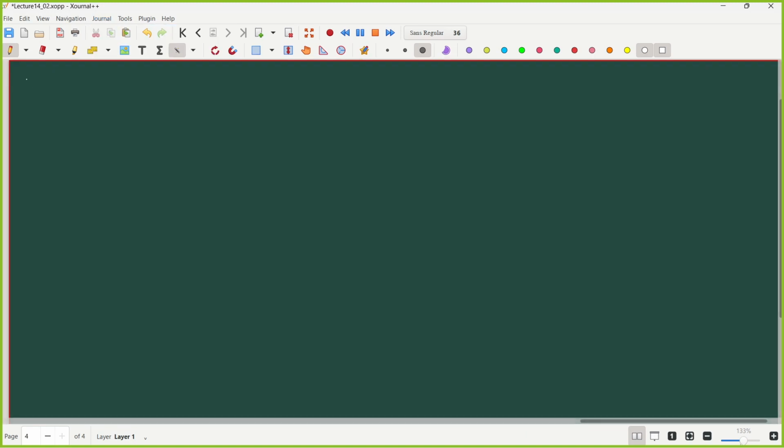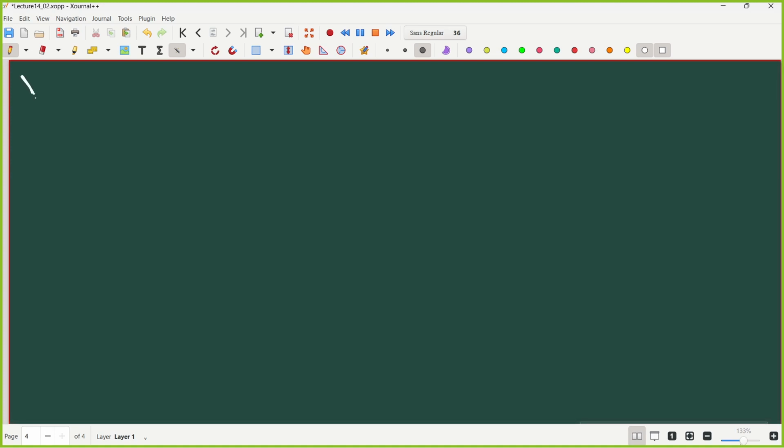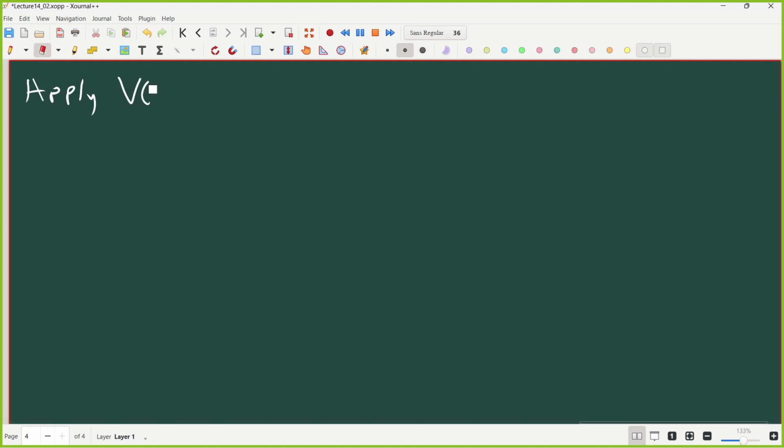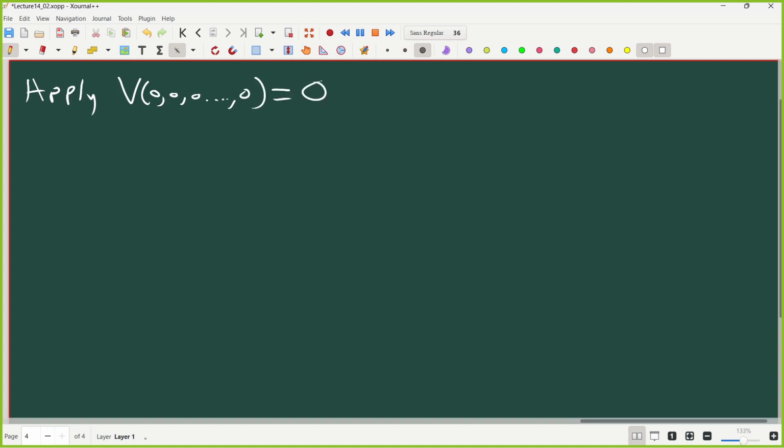Okay, so once we apply that the potential at the 0 point, which is at equilibrium, is 0, right? We're going to set the bottom of the potential to be energy 0, so we just get rid of that term.